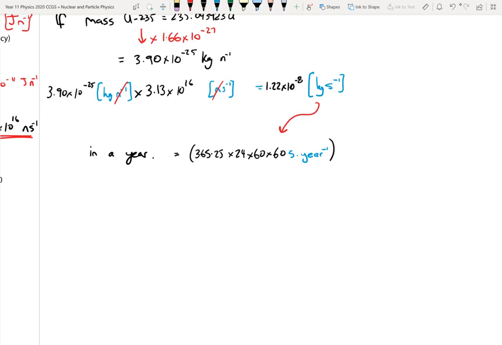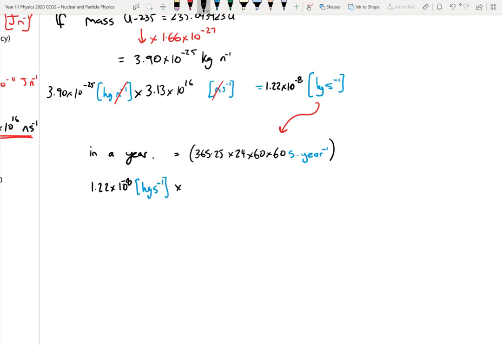So let me just write it all out together. We'll go 1.22 times 10 to the 8 kilograms per second. Yep, thank you. So should we write units in the test? Multiply, hold on.